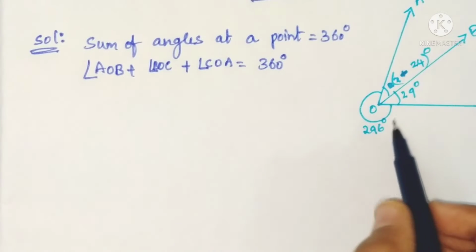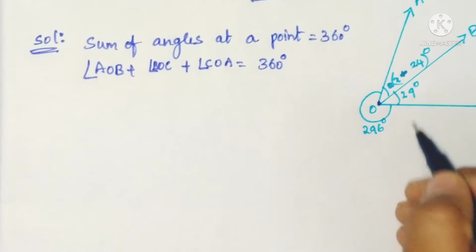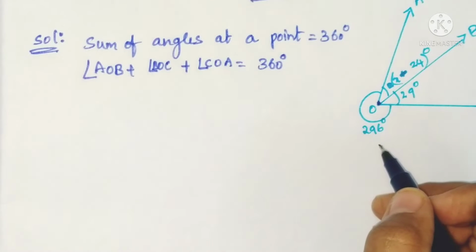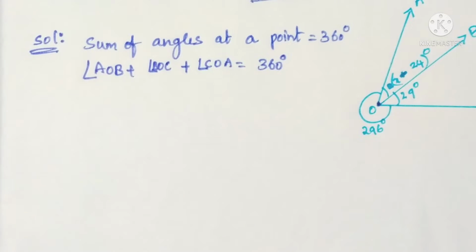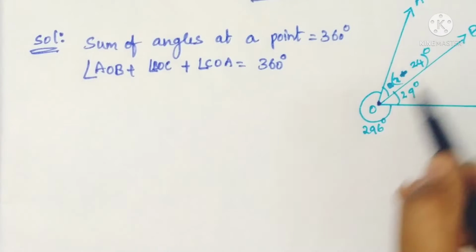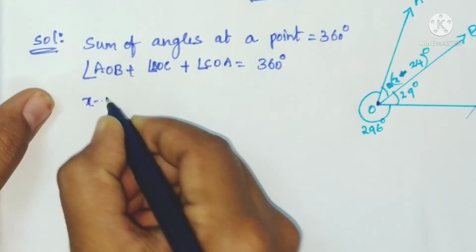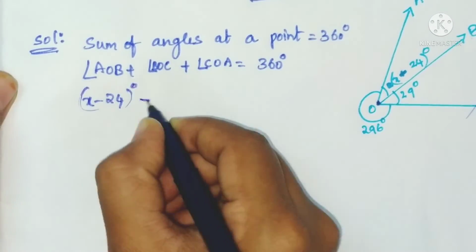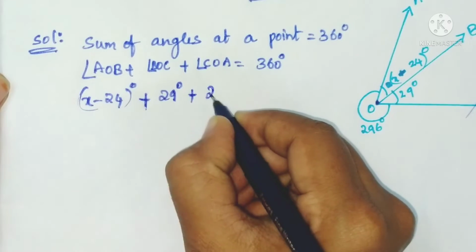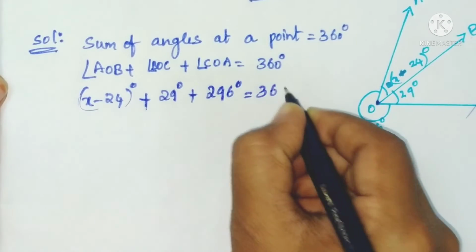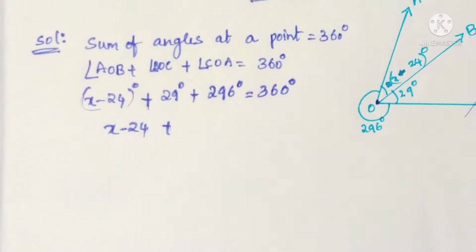Second one, see the diagram first. Here at O, 3 angles are forming: x minus 24, 29 and 296. The sum of angles at a point is 360 degrees. So angle AOB plus BOC plus COA is 360 degrees. Angle AOB is x minus 24 degrees, plus angle BOC 29 degrees, plus angle COA 296 degrees, is equal to 360.